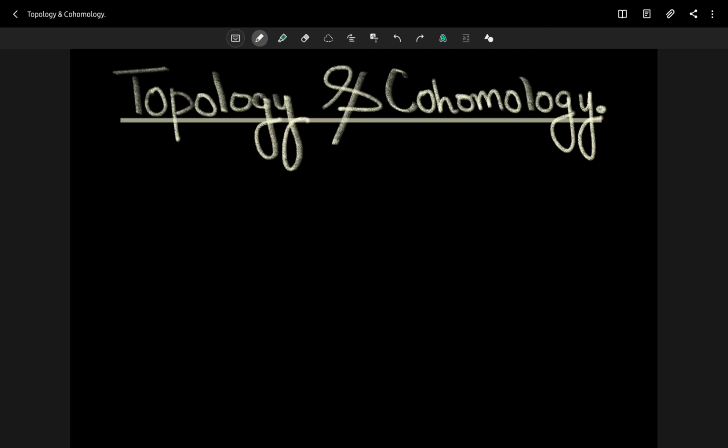Cohomology can be viewed as a method of assigning algebraic invariants to a space. It is just like homology, but in a much richer aspect, right?